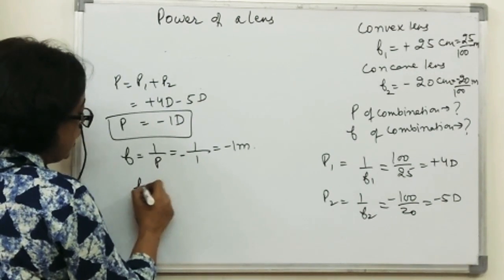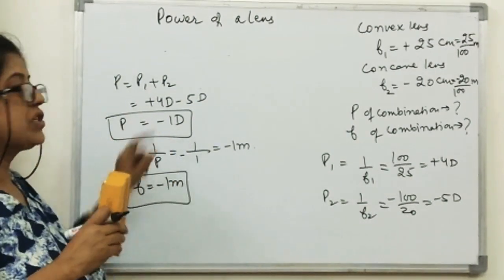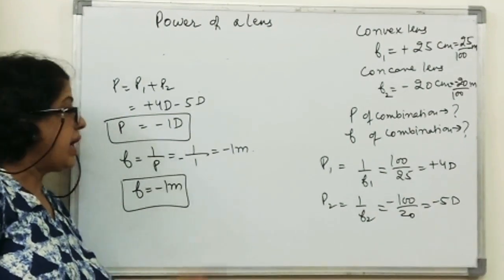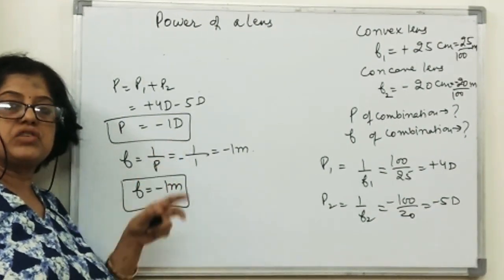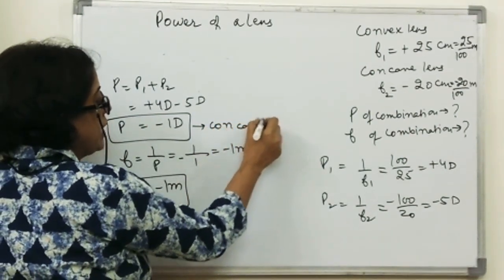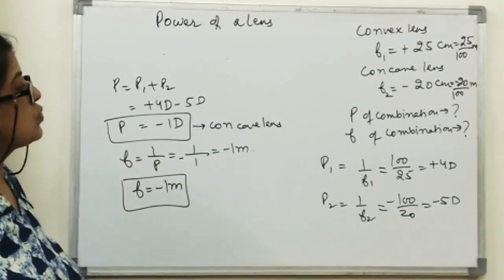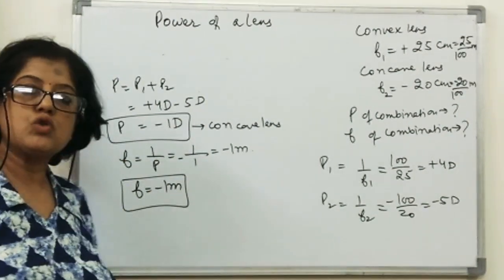So the answer is focal length of the combination will be minus 1 meter and power of the combination will be minus 1 diopter. And which lens will the combination act as? Because it is minus, it will act as a concave lens. That can also be answered. Fine. So this is one way of solving.